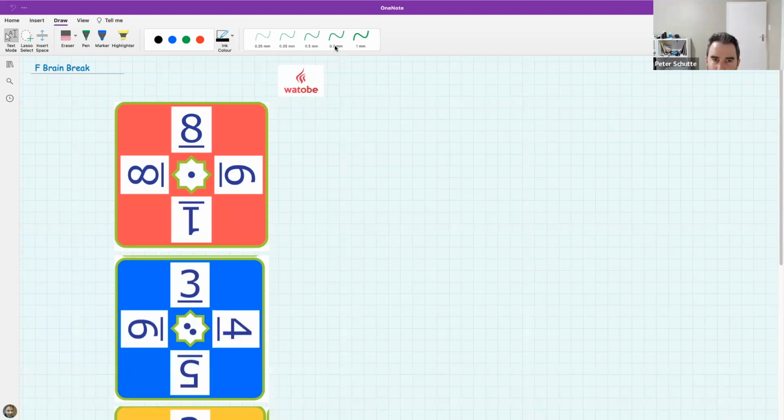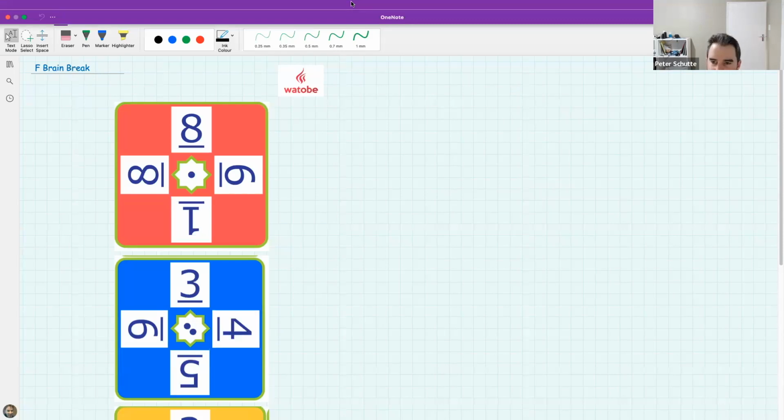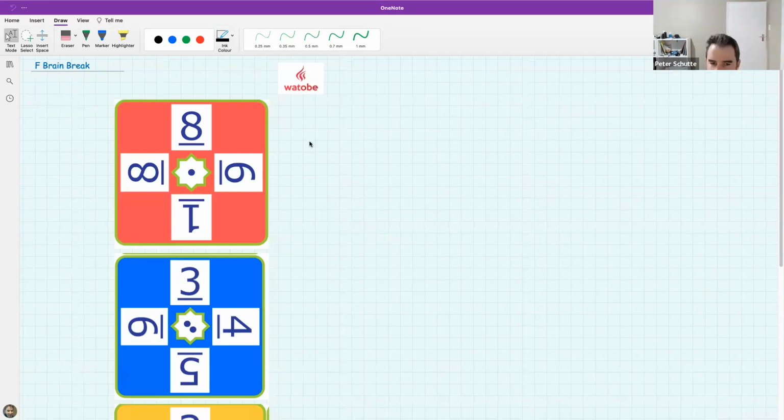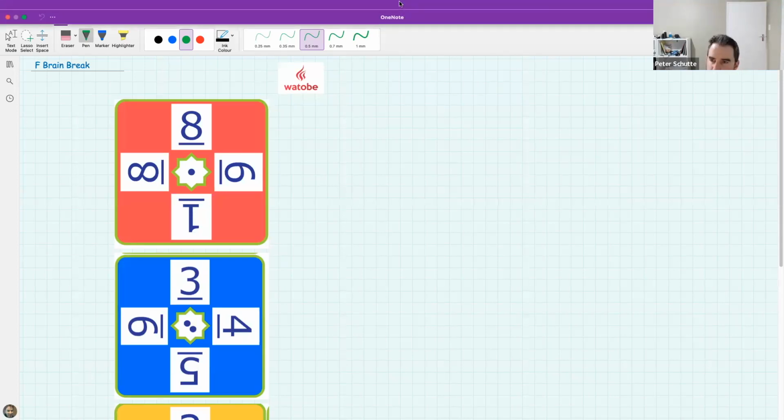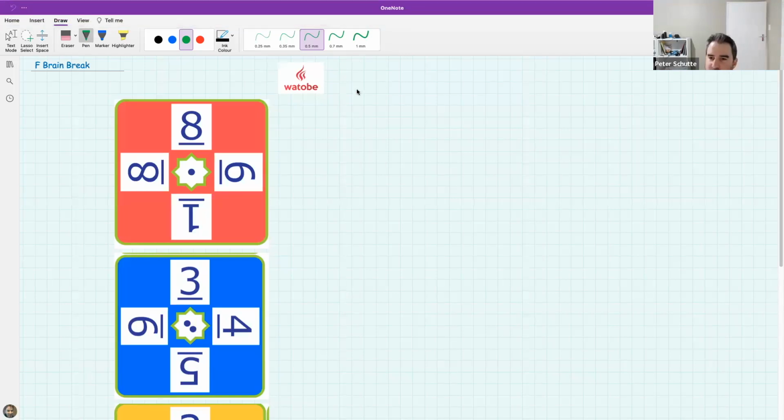Who feels like they know? What do we need to do with the 8 and the 8 and the 6 and the 1? Let's just get one Maths 24 thing today. Let's see how it goes.